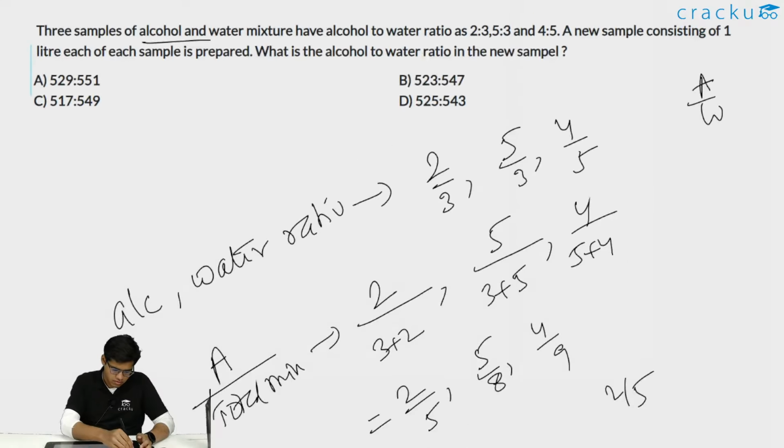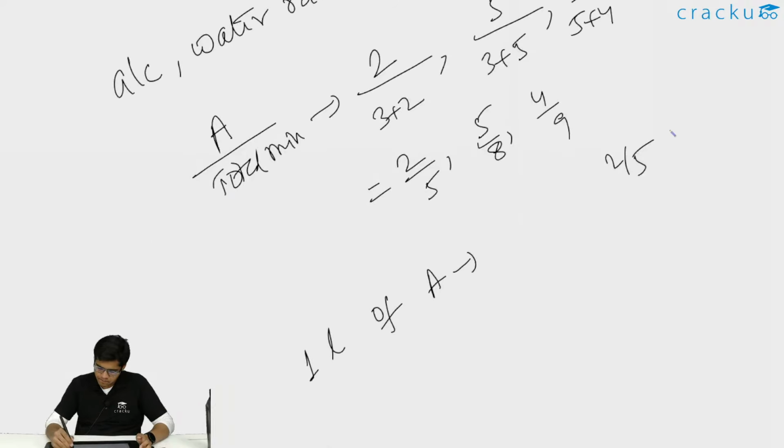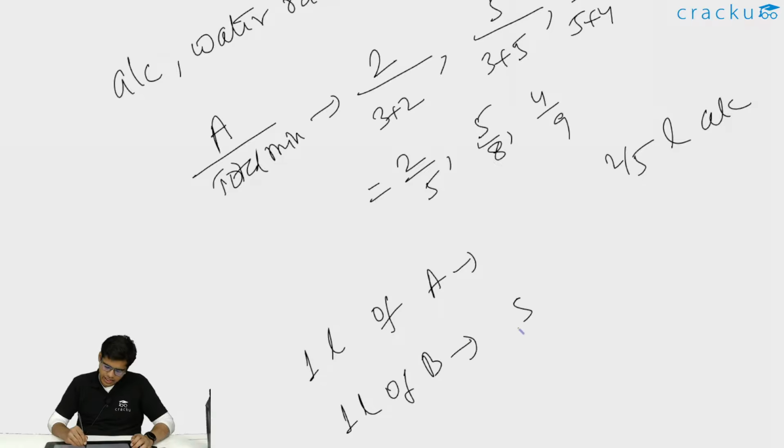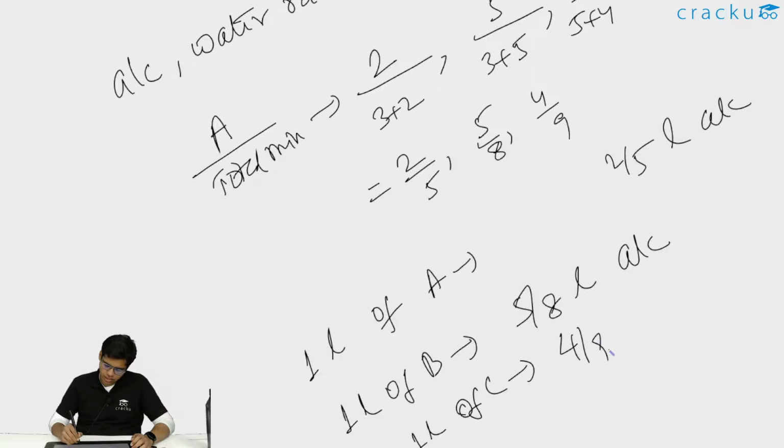Similarly, in 1 liter of B, we are having 5 by 8 liters of alcohol. Similarly, in 1 liter of C, we are having 4 by 9 liters of alcohol, right?